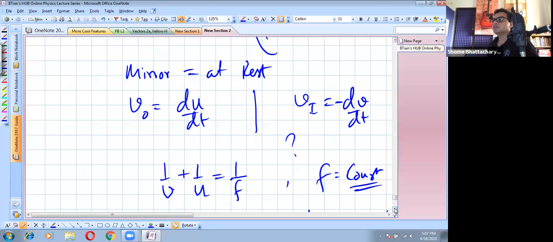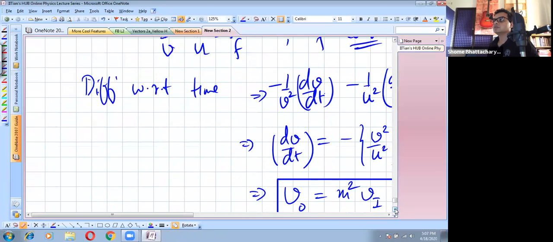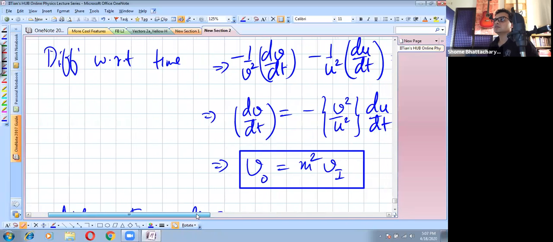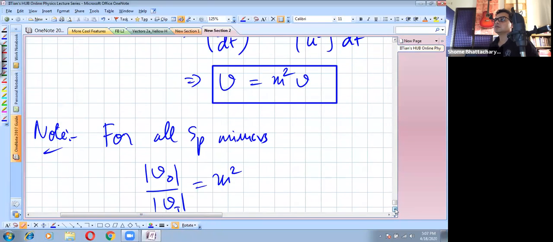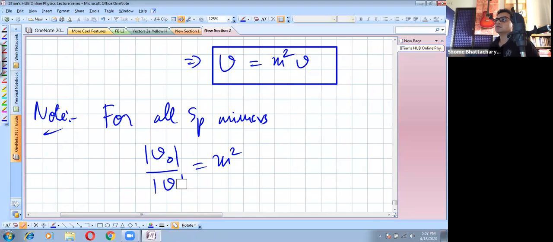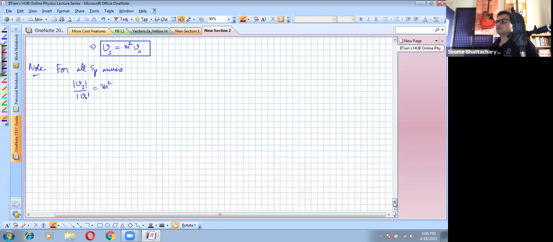As Ganesh has rightly pointed out, velocity of the image is m squared times velocity of the object, or the ratio of the magnitude of the velocity of the image to the velocity of the object is always m squared. So this is the general rule of thumb.